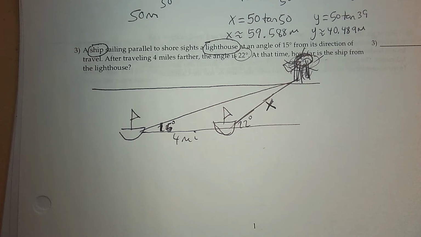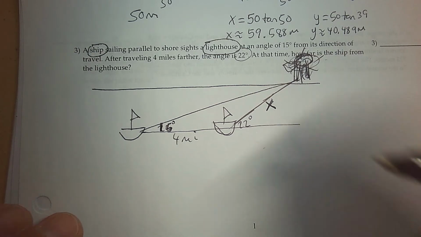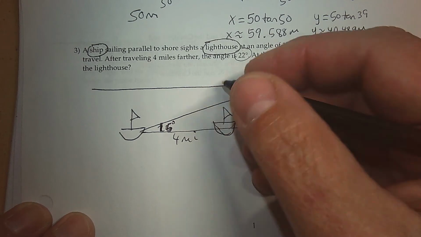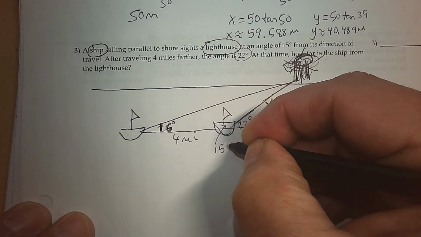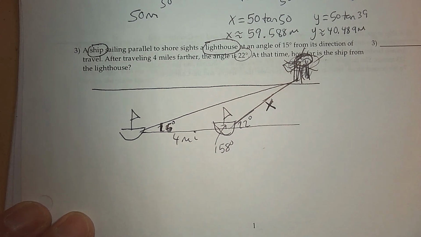I can't use the law of cosines if I don't know at least 2 sides. So if I only know one side, and it's not a right triangle, the only law I can use is the law of sines, right? So this angle in here is 158, is that right?